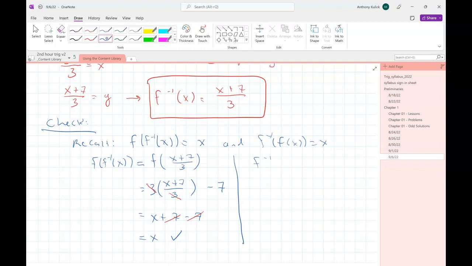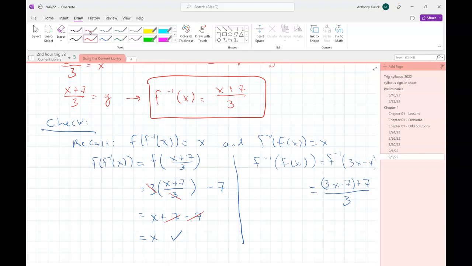Okay. The other half, I need to show that f inverse of f of x is equal to x. Are you okay with what I did there to the composition? What should I simplify first?